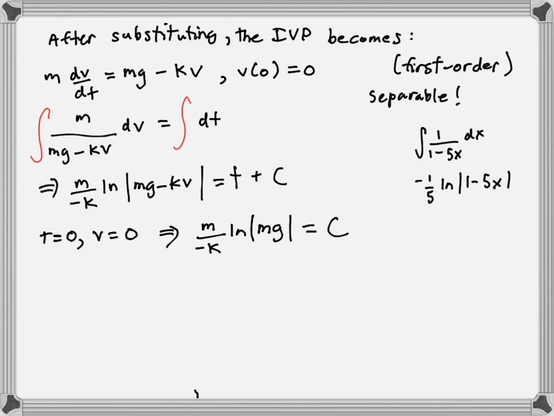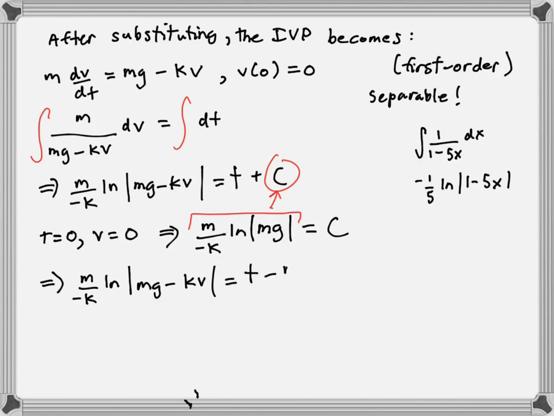I just plugged in 0 for v and 0 for t in the above. So I replace my c with that, and I end up with m over negative k times the natural log of mg minus kv is equal to t minus m over k ln of mg.